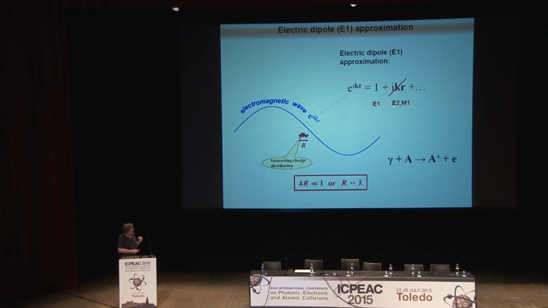The second term gives us electric quadrupole and magnetic dipole, and so on. The first correction in the angular distribution, normally in the XUV range, is due to the electric quadrupole amplitude.